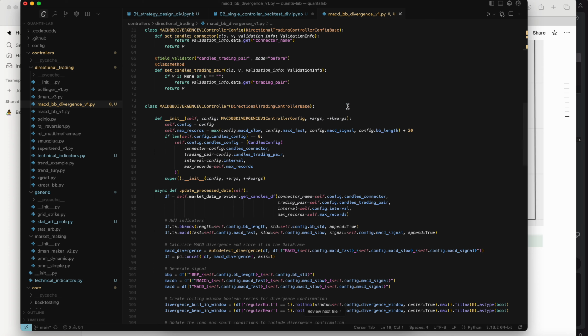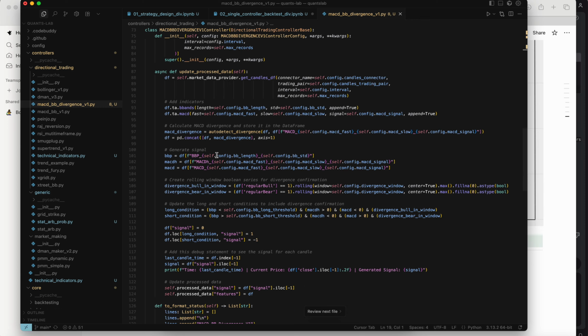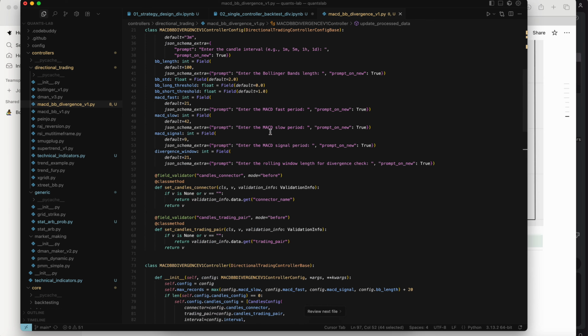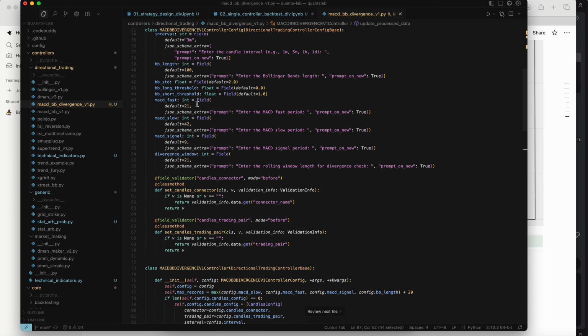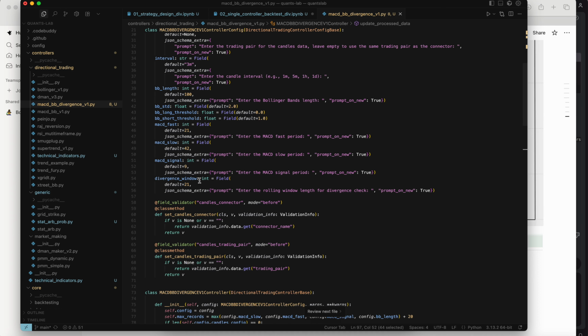So the code itself is where we update the processed data. Here you've got the Bollinger Bands, MACD, but we have this additional part for calculating the MACD divergence. One new parameter for this is the divergence window. I think here we are using 21.